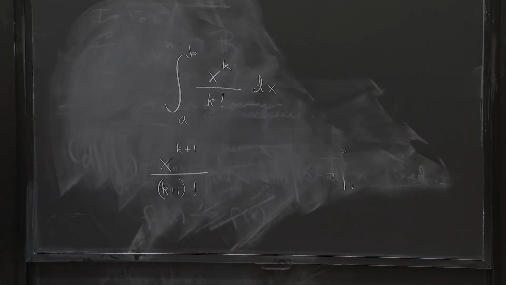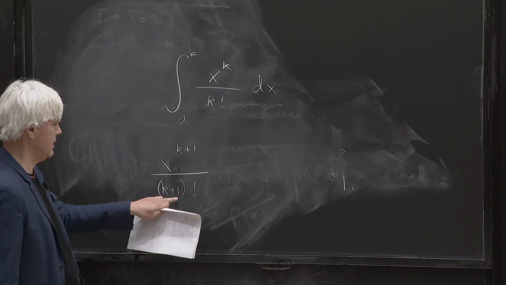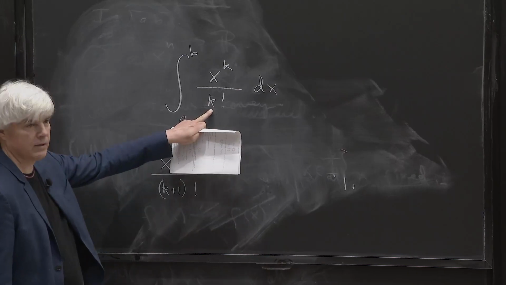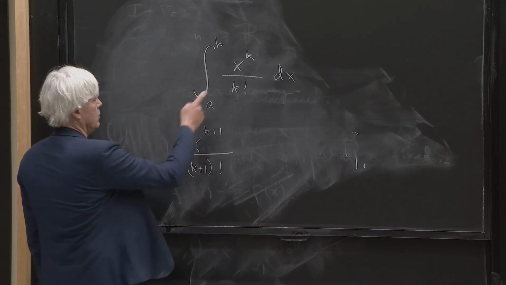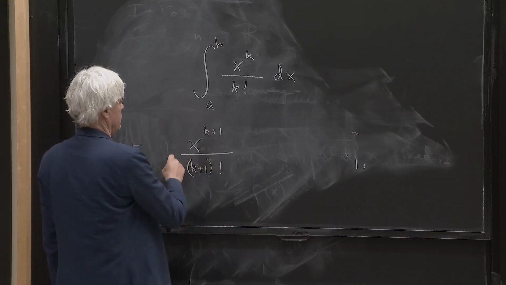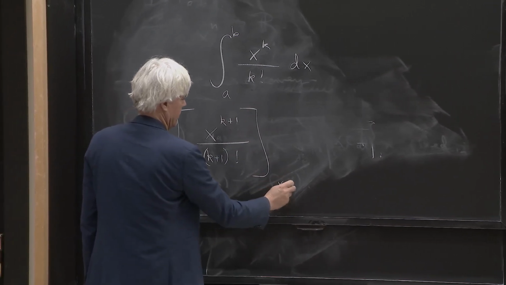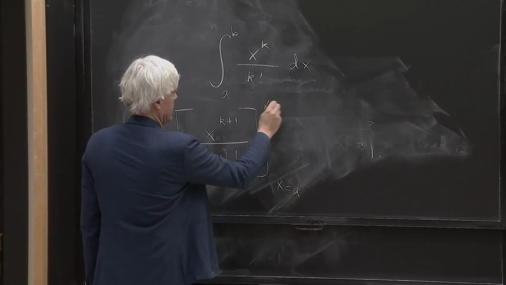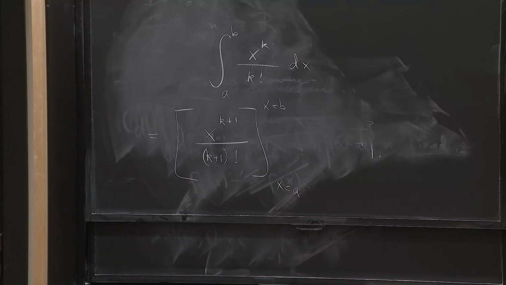When you take the derivative, k plus 1 comes down and cancels the first one, and the rest is this. So when you evaluate this integral, this is the antiderivative, and you insert the boundary values like this.